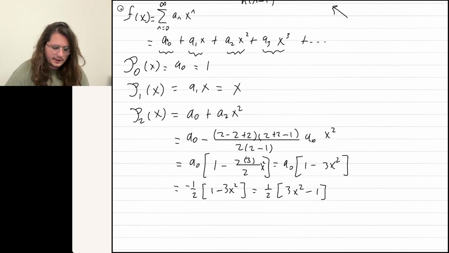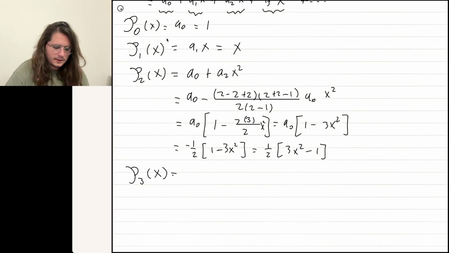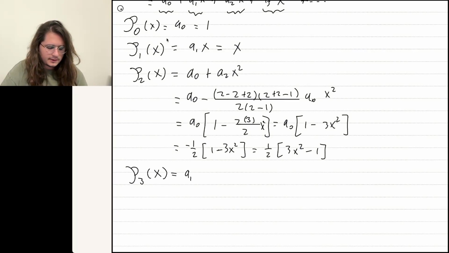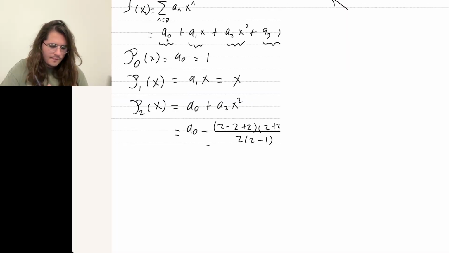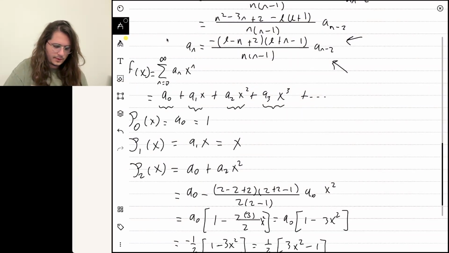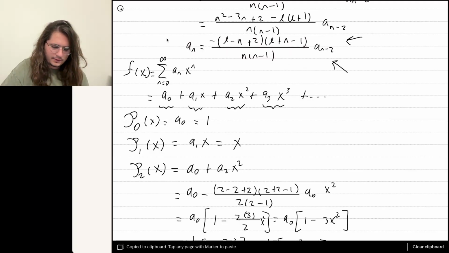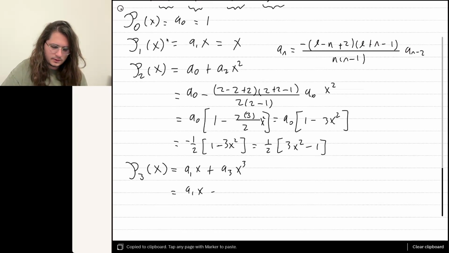Okay, then the last Legendre polynomial that we have to write out is P3, where you take the linear term plus the cubic term, and then you use the recursion formula to figure out what the constant on the cubic term is. I'm already forgetting what the actual recursion formula is, so let me copy it down to reference it here.